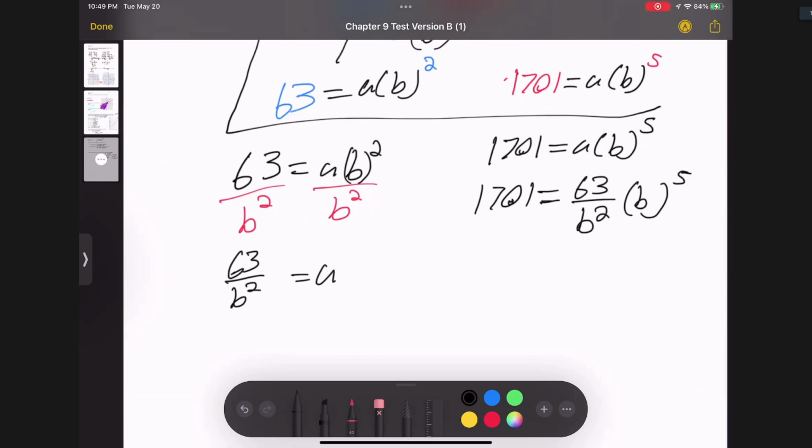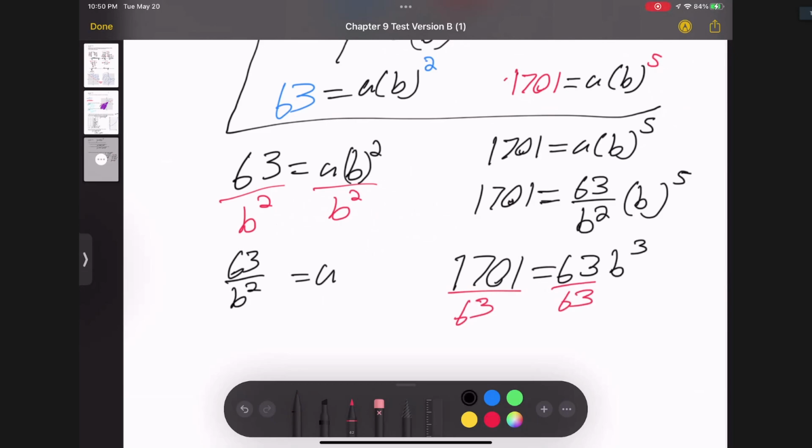Okay, now let's see. We have to combine these b's together. b to the 5th power divided by b to the 2nd power will turn into 63 times b to the 3rd power. Then I got 1701 on this side, and then divide by 63 on both sides.